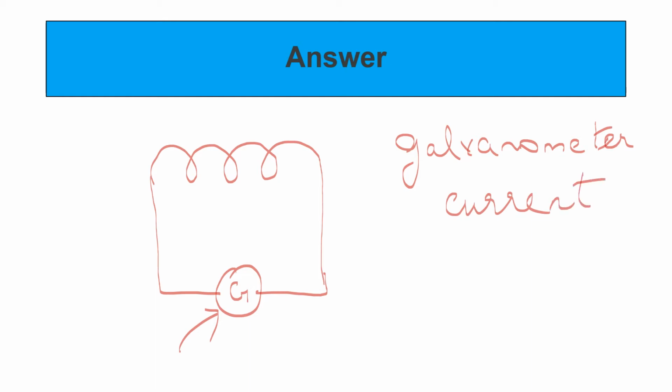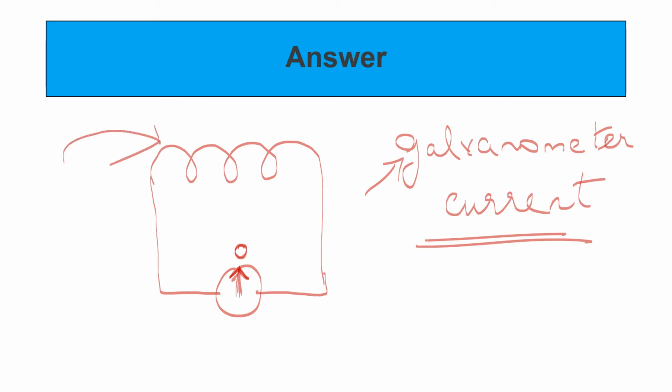You can measure small values of current using this galvanometer. In the diagram given, the needle of the galvanometer is at the center, which shows 0. This 0 indicates this needle is exactly at the center and there is no deflection of this needle. That indicates there is no current passing through this coil.